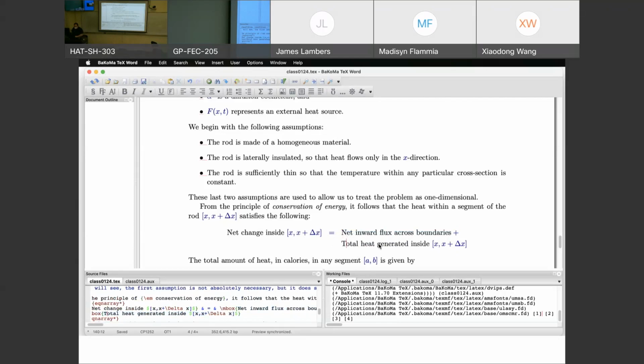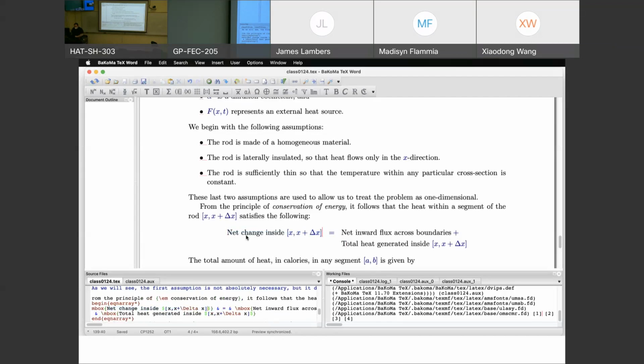You could have a heat source or a heat sink inside. So you could have effects that add or subtract from the amount of heat in this segment. But whatever you have, you add it up, and it must be equal to this. So what we need to do is take this mainly verbal principle, conservation of energy, and write it as an equation to get to a PDE.